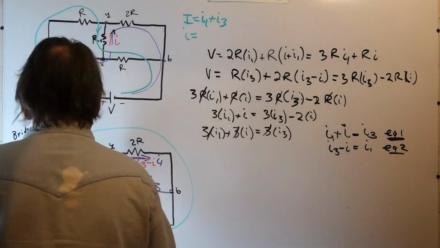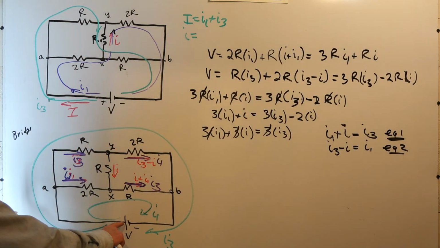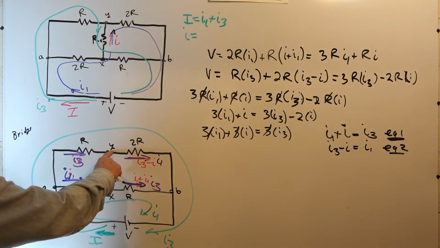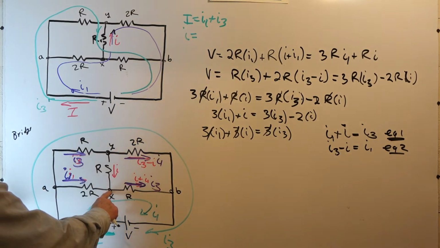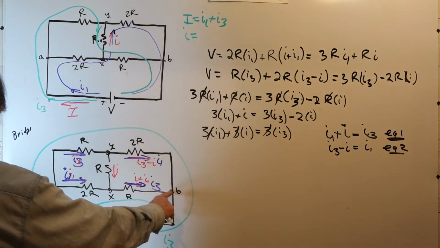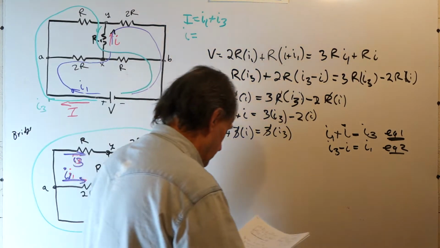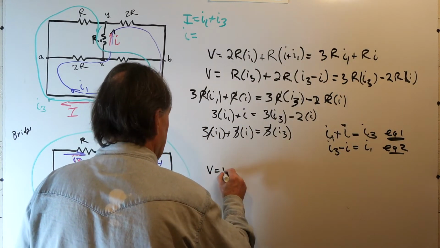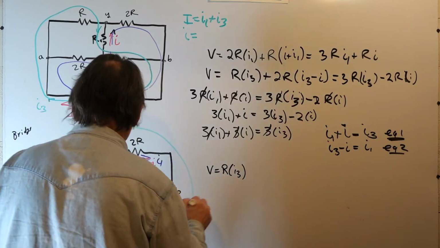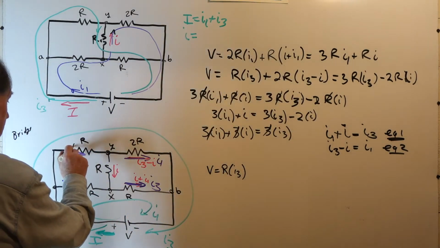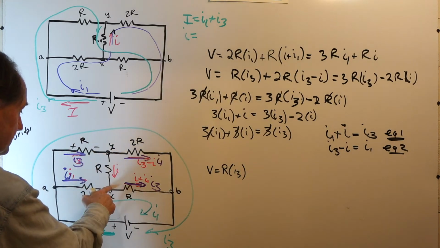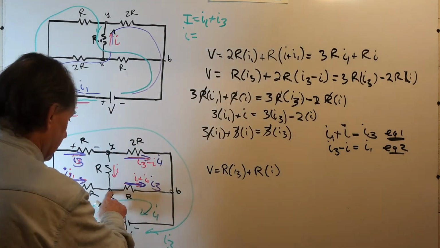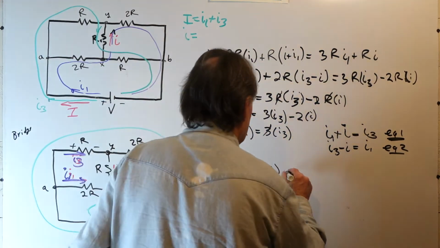Now, let's sum the voltage along the path going from the voltage source around node A to Y, down through the bridge resistor to X and over to B. And we'll use our current symmetry. So V is equal to R I3, that's this one here, and now we get the voltage here, which is R I, and then the voltage across here, which is R I3.